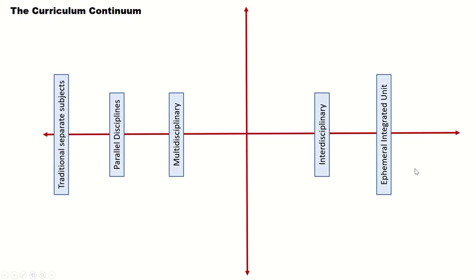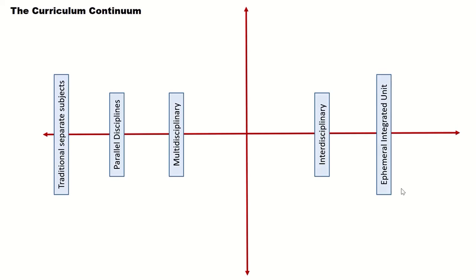Ephemeral integrated unit. This is when you have separate subjects being taught either at the secondary or the middle school or the elementary, and then for a time period you stop doing all the separate subjects and you do just one integrated unit around a theme or an idea or a topic, and you don't worry about the different disciplines.